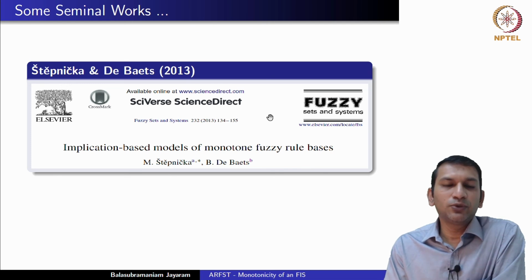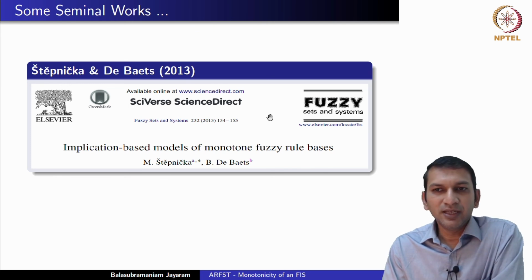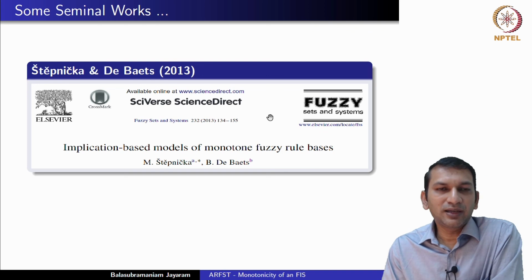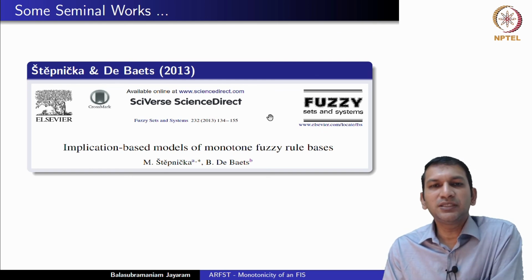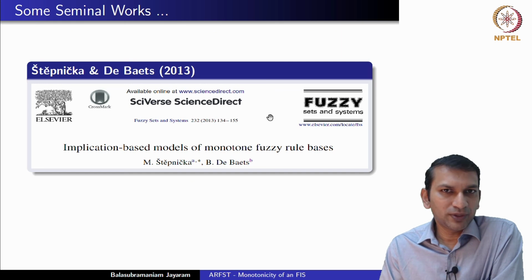For instance, we are given a rule base as A_i implies B_i, but now what many works have considered is to transform them into what are called at least and at most models of the rule base, where they modify the antecedents and consequence of the rule base itself and study the monotonicity properties of this transformed rule base.